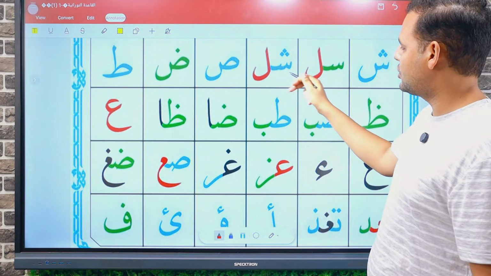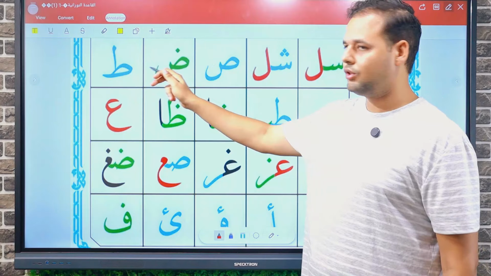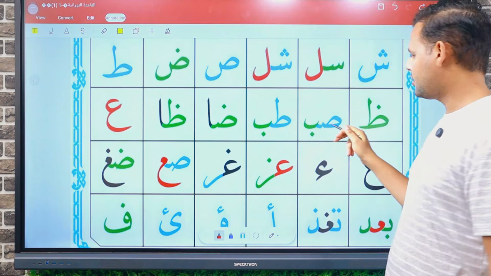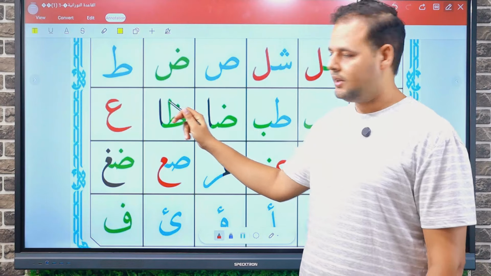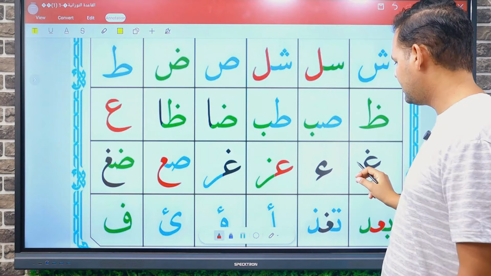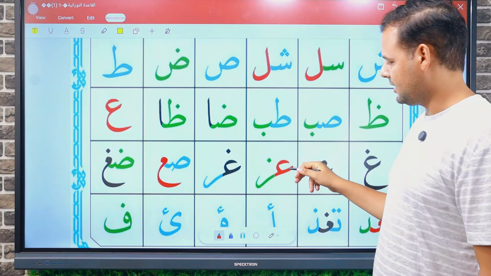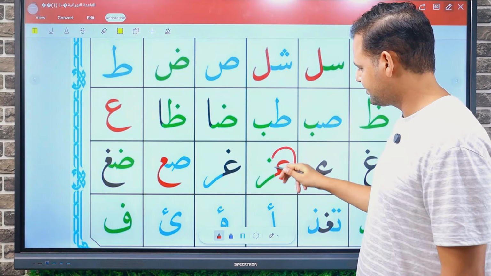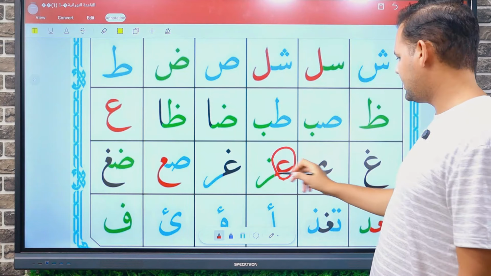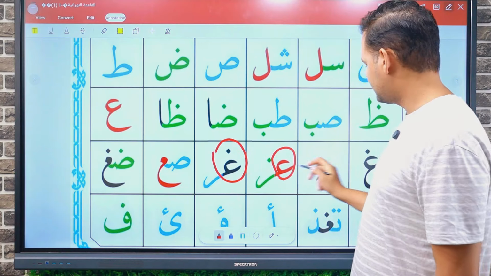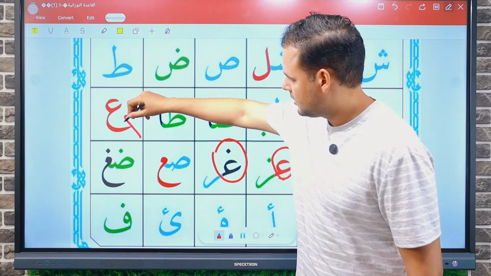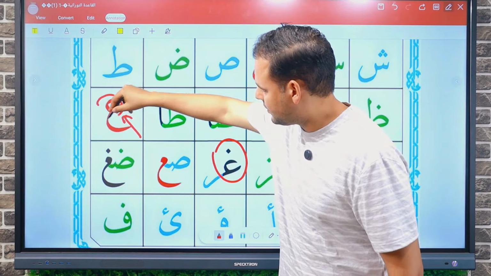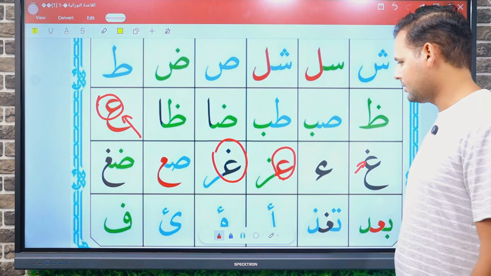sha, sala, shala, sa, da, ta, and this is a. So this is ghayn. Remember, that's ghayn and that's ayn. As we said before, we take the tip of the letter and we remove the rest.